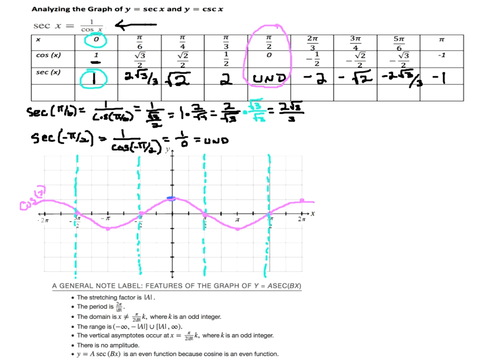So if I flip-flop that, that's going to put 0 in my denominator when I am taking the secant function, the reciprocal cosine function. So that's going to create vertical asymptotes all the way across where my cosine function has x-intercepts.